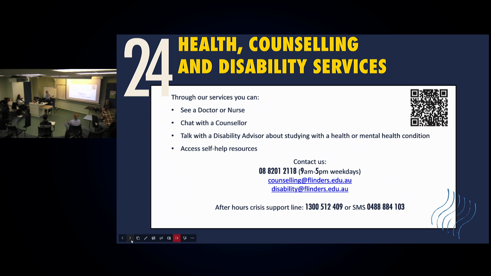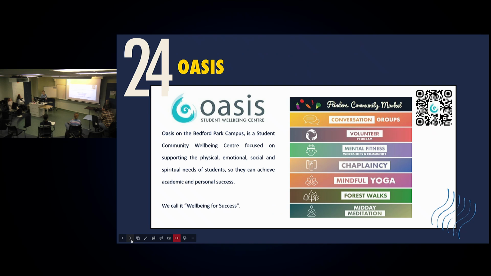So it's not just about health and medical services, but also about wellbeing services as well. So Oasis is the Student Wellbeing Centre at Flinders University. It is present on Bedford Park campus. It provides a range of amazing services for students.